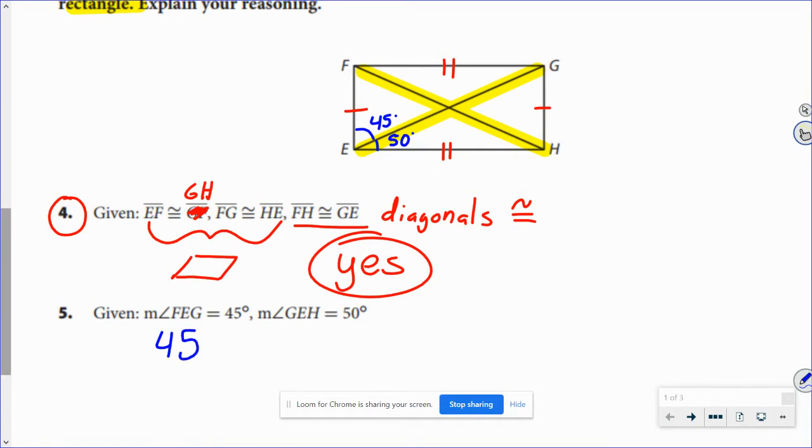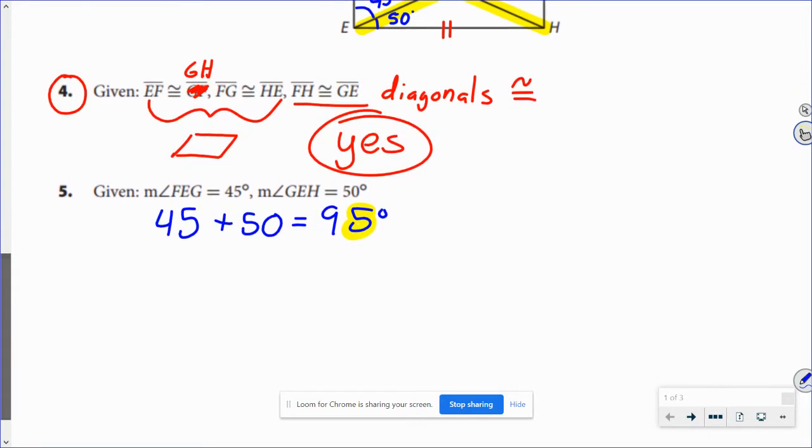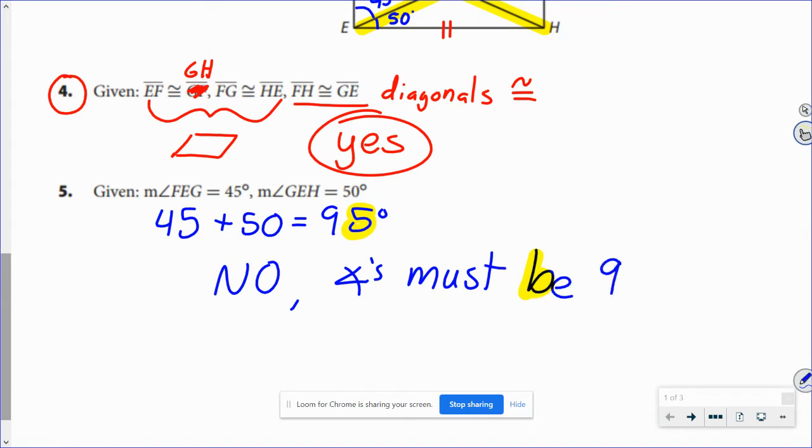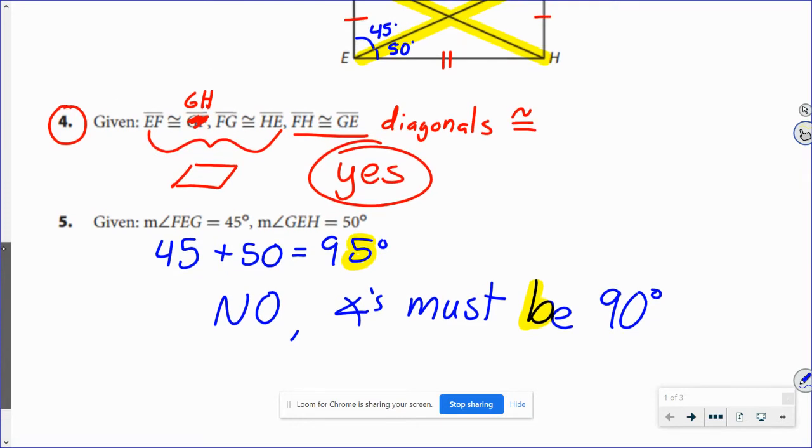I'm so used to seeing a 90-degree angle there for rectangles, but that's not 90 degrees, is it? That is 95. This is your reason why it is not a rectangle. Rectangles must have all four corners 90 degrees, and this one does not. So let's say, no, angles must be 90 degrees. Yep, not 95. That doesn't work for a rectangle.